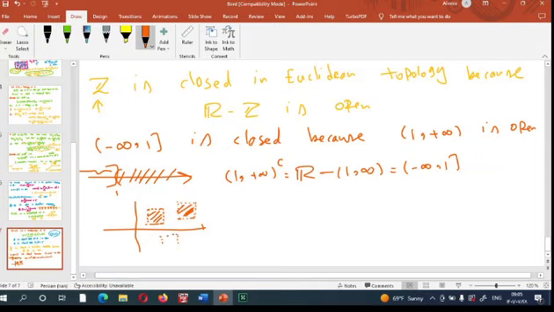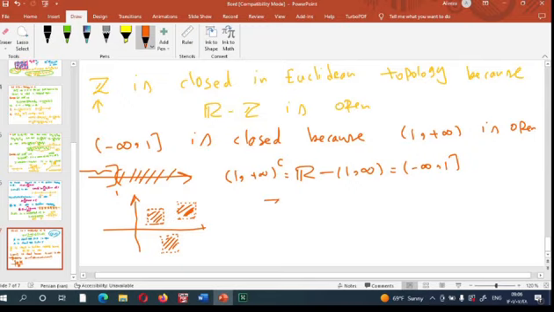Okay, and also its complement is closed, and also in n equal to 3 and other dimensions.